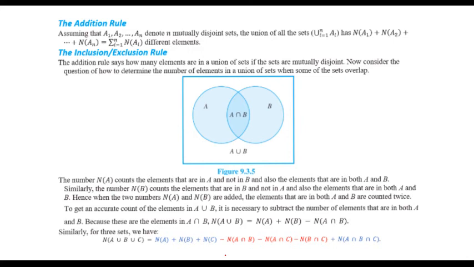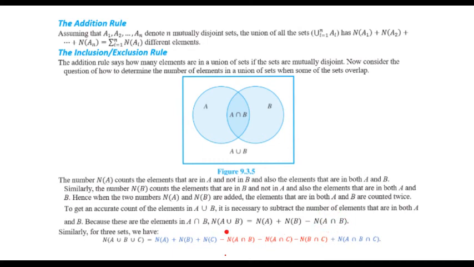They may share an area of A intersection with B, and obviously the shaded area represents the union of A and B, correct? So I'm going to prove that the number of elements in the union of A and B is equal to the number of elements in A plus the number of elements in B minus the number of elements in the intersection of A and B.